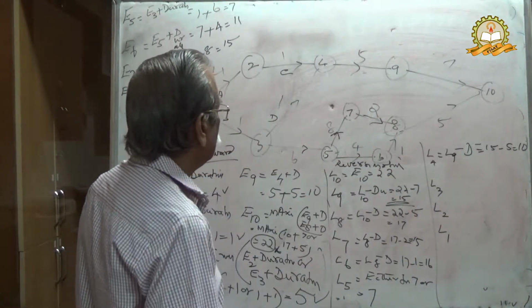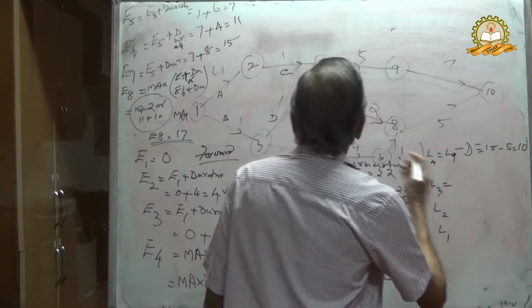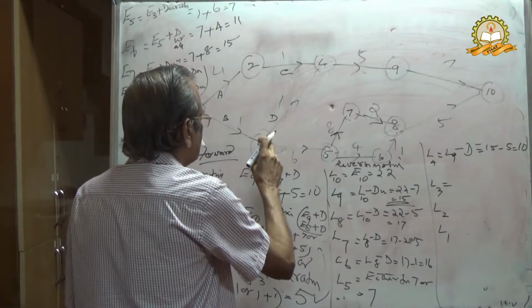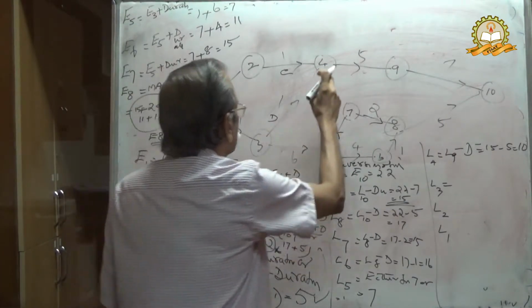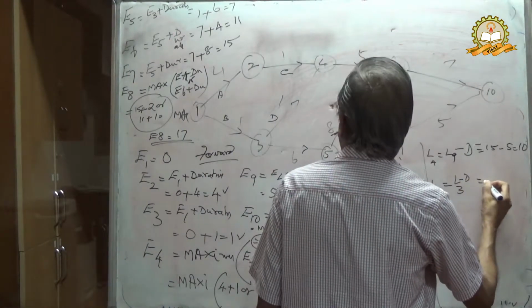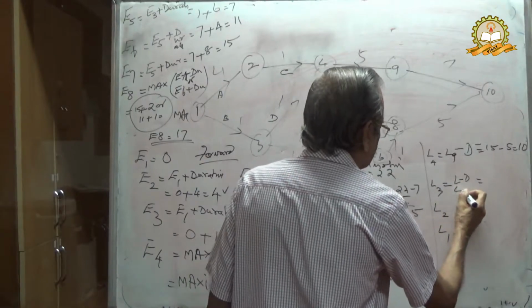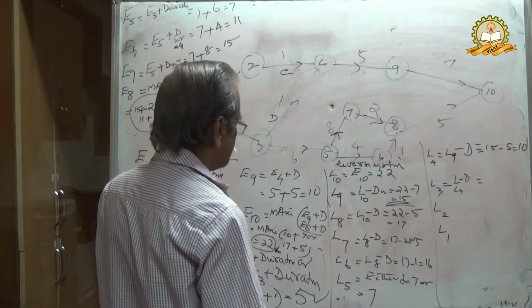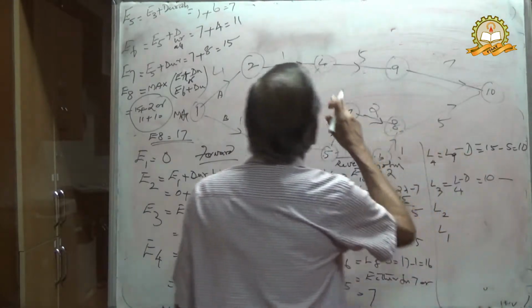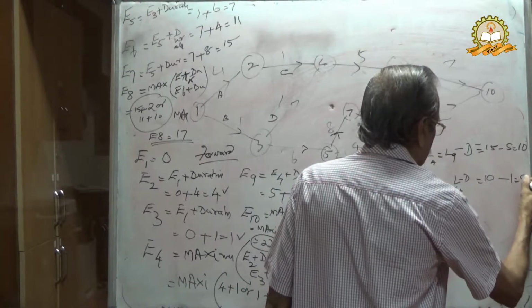L4 equal to 10. Then L3 comes here, L3 equal to L4 minus duration, 10 minus duration 1 equal to 9.